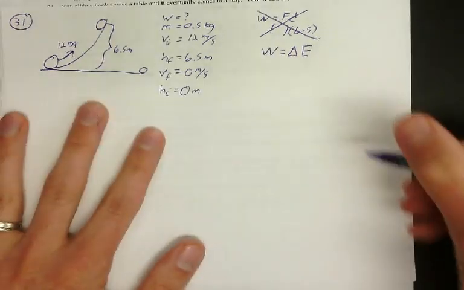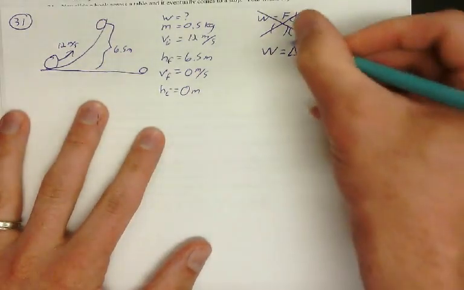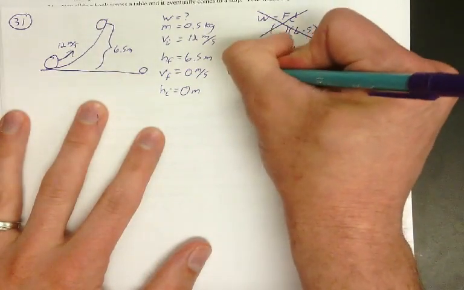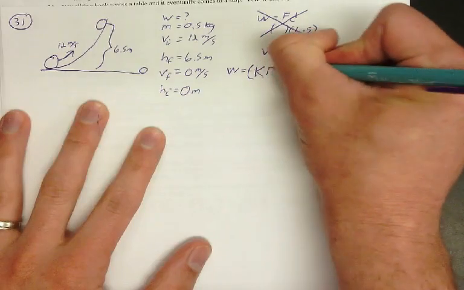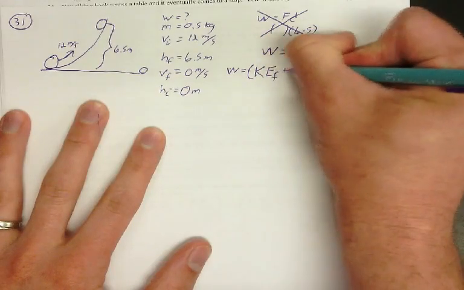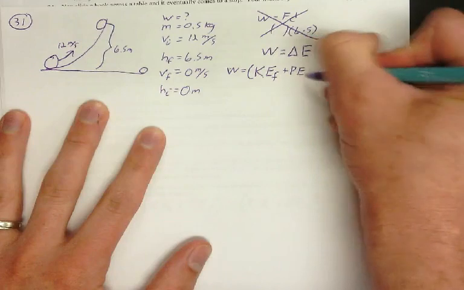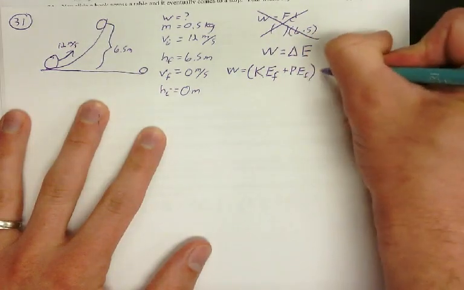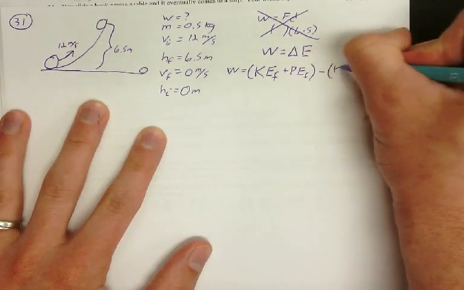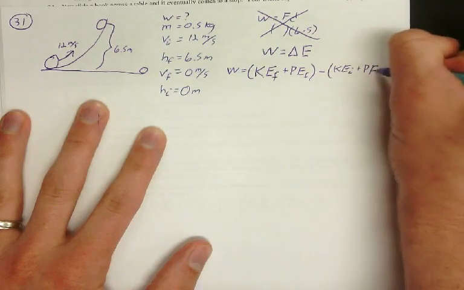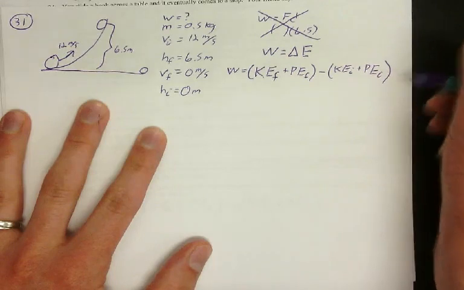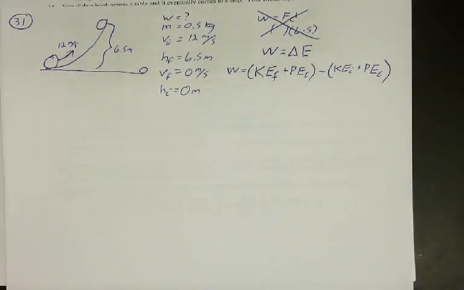So if work is equal to the change in energy, then we can rewrite this as work equals final energy, which is just kinetic plus potential, minus initial, and that would be the setup.